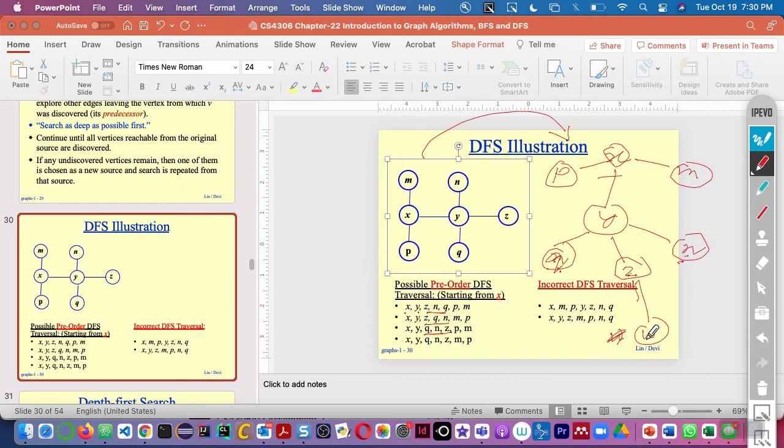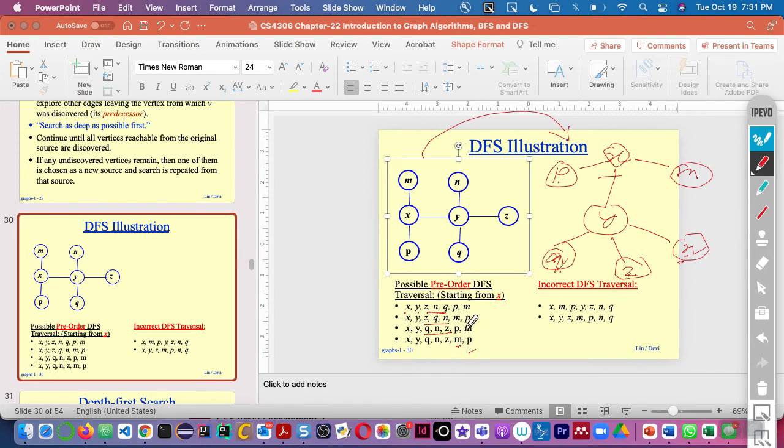After G you need to go to W before you come to P and M. When you finish this level, then come back to P and M. If the order is fixed, then there are two orders over here: you can say P then M, or M then P. So there may be multiple sequences over here.